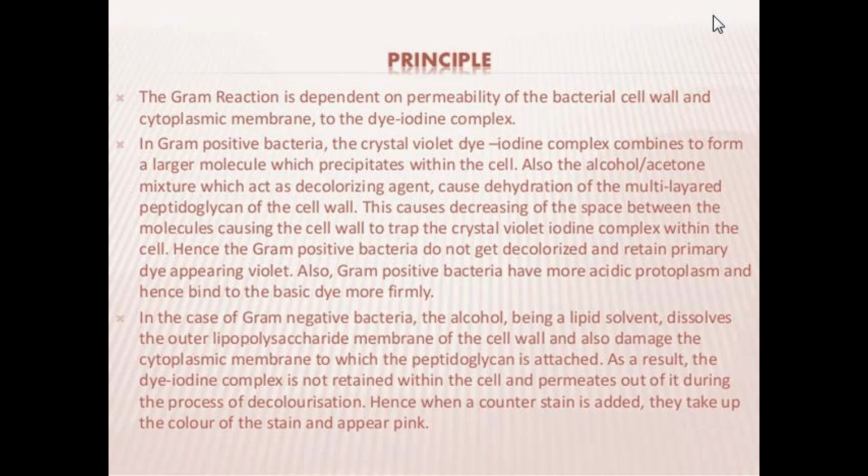Here, alcohol is also used during the staining process, and that alcohol causes the decolorization or dehydration of the cell wall. The cell wall structure in bacteria is mainly made up of a component called peptidoglycan.